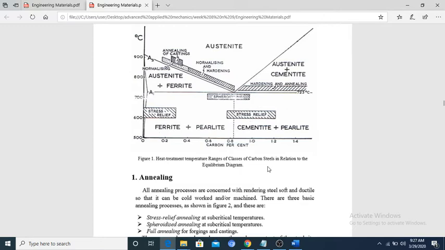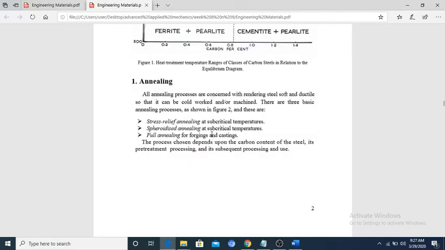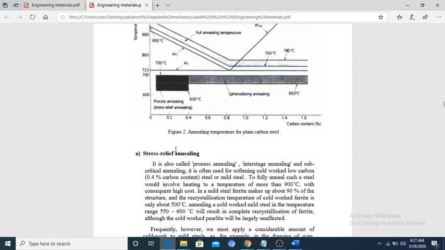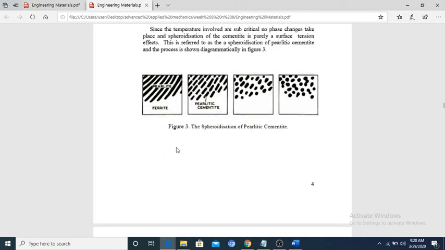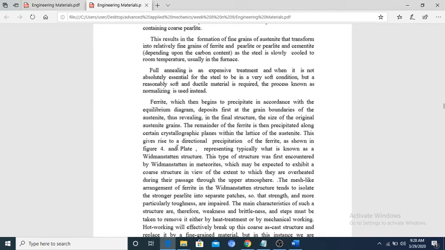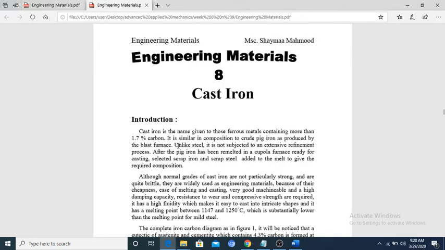So what is annealing? The annealing process has 3 basic types: stress relief annealing, spheroidizing annealing, and also full annealing. So you can go through this. Normalizing, hardening, tempering.